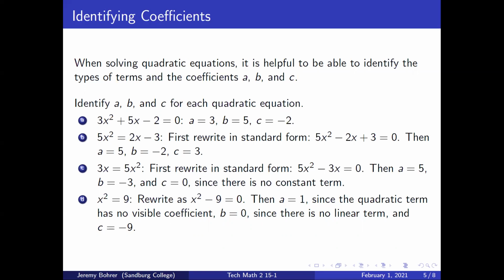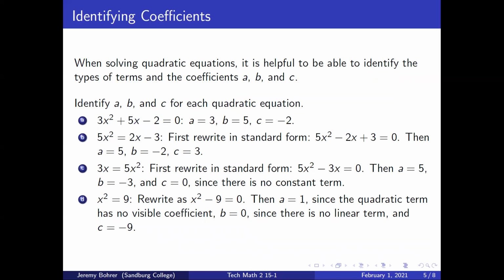First, rewrite in standard form, 5x squared minus 2x plus 3 equals 0. Then a equals 5, b equals negative 2, and c equals 3. 3x equals 5x squared. First, rewrite in standard form, 5x squared minus 3x equals 0. Then a equals 5, b equals negative 3, and c equals 0 since there is no constant term.